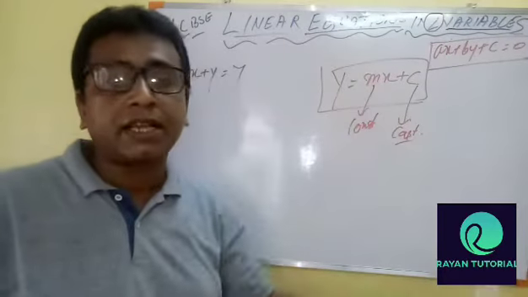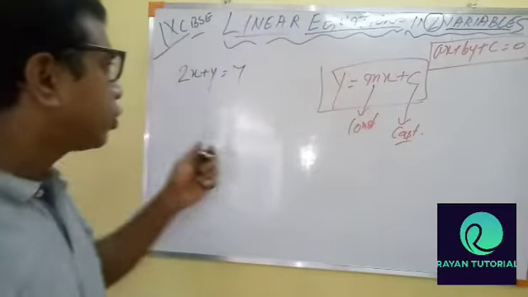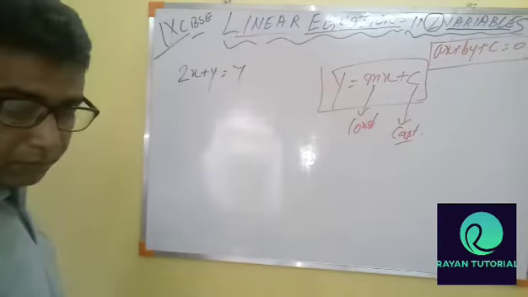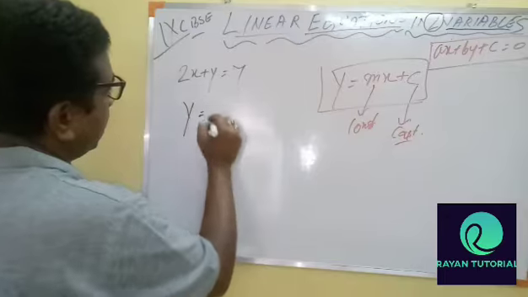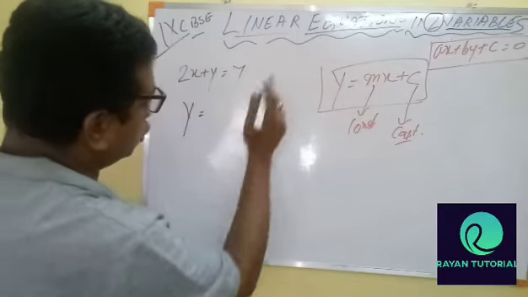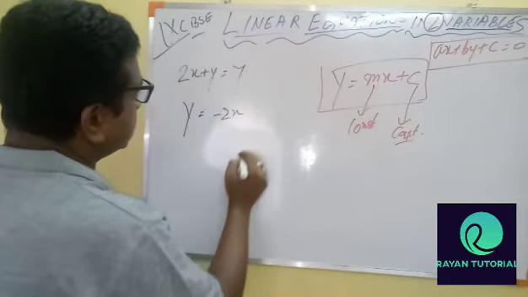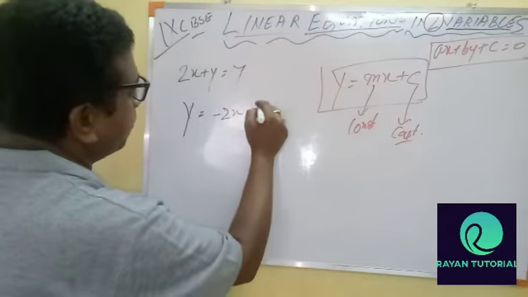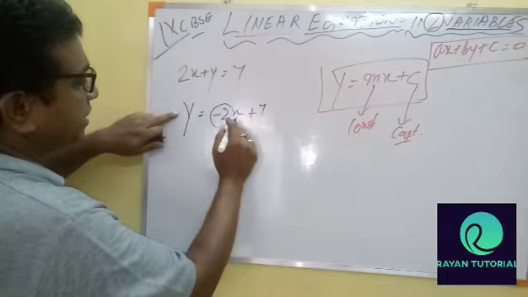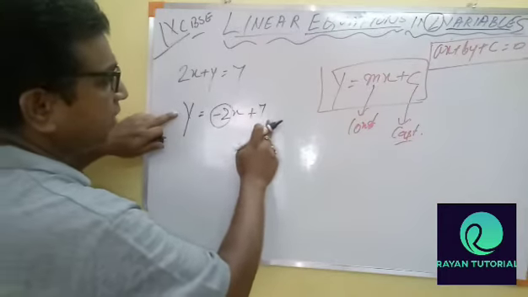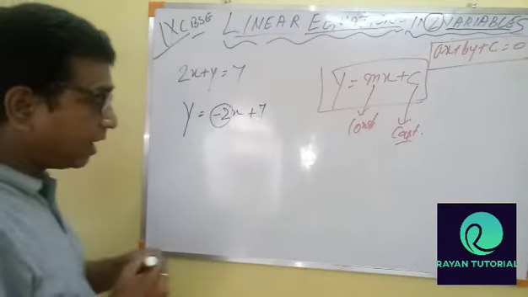y is equal to mx plus c. Clear? So if I bring it to this form, this one will be y. So put the y here, equals to this 2x should go that side, minus 2x plus 7. Now see, y equals to this one means m x plus c means 7. Clear?